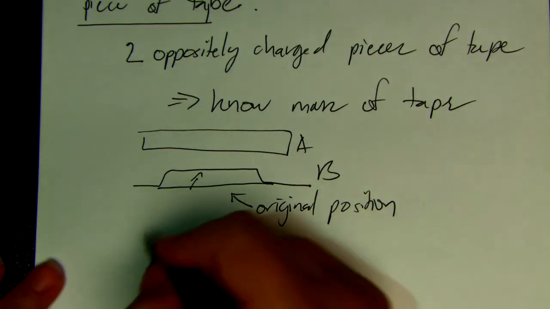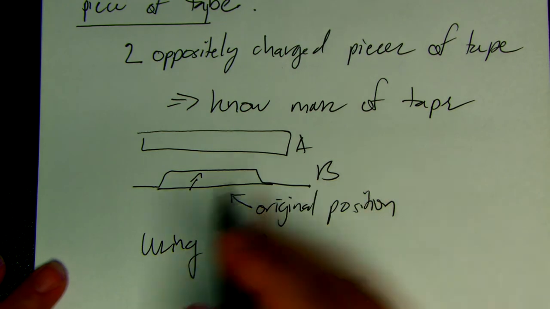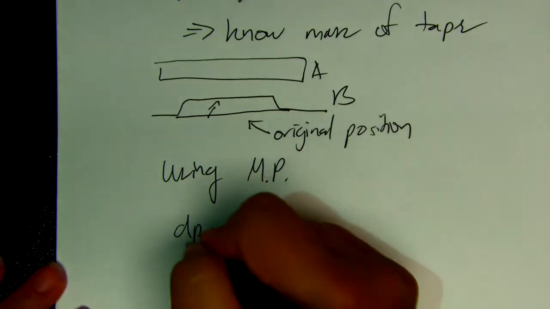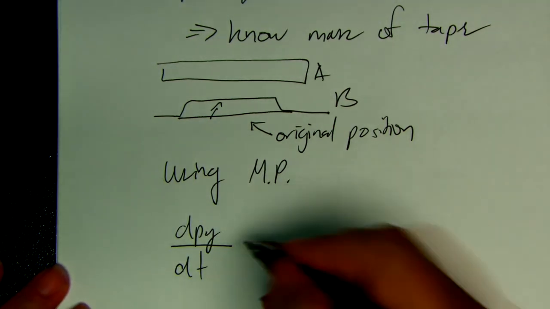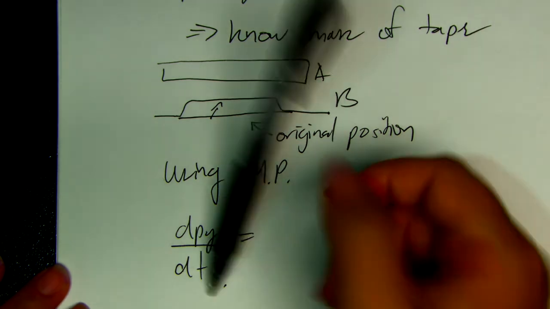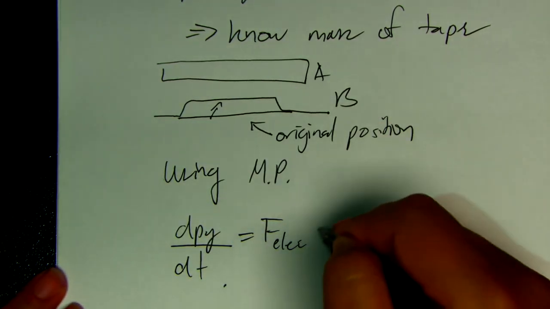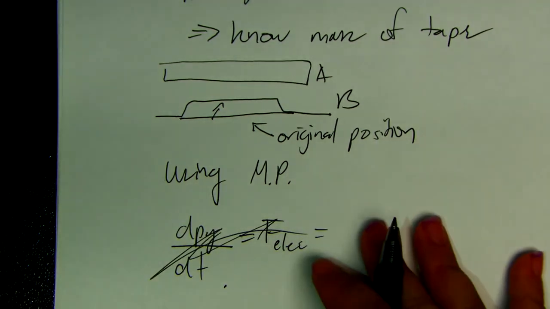And then it's going to become a static situation. Now, using the momentum principle, we can use this defiance of gravity, or really more the electric force. One-hit wonders are these lectures.